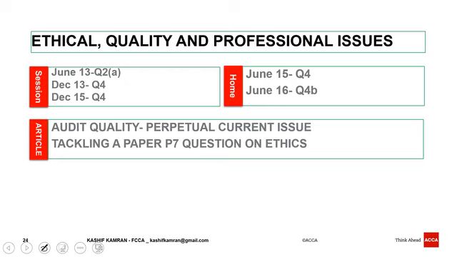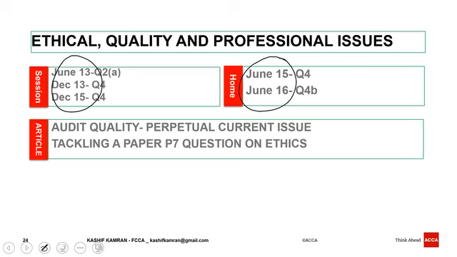There are some session questions which will be covered in the webinar today, which include the June 13, December 13, and December 15 questions. There are some questions which will be your home assignments, which are June 15 and June 16.